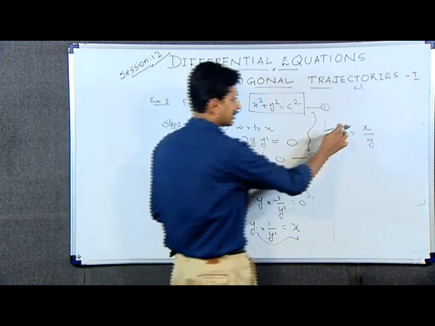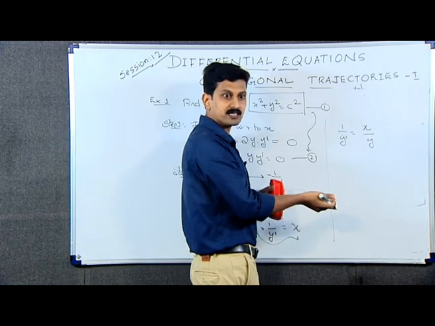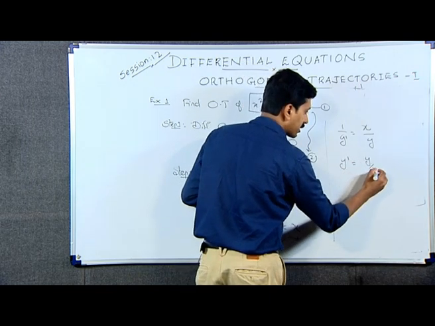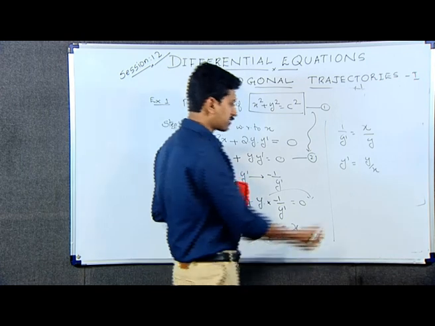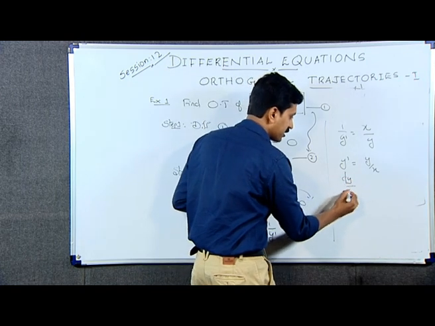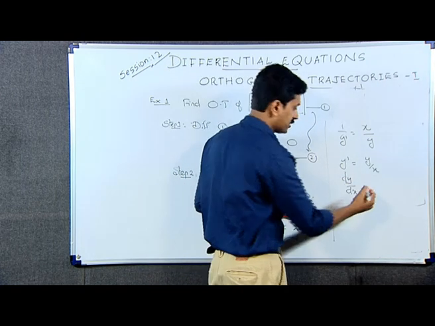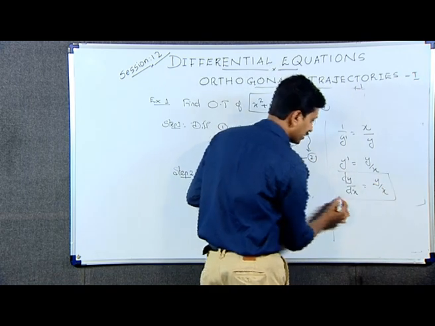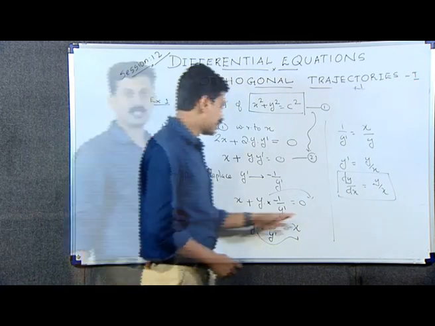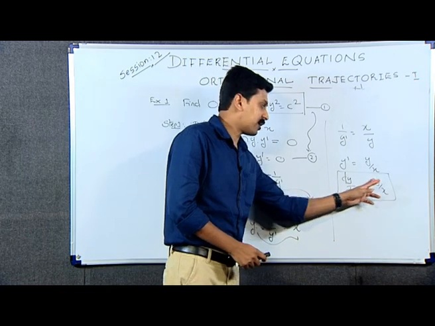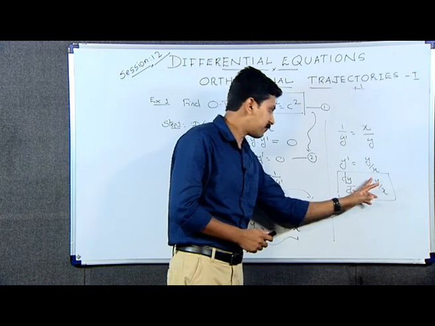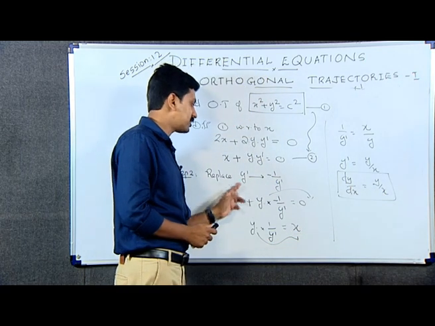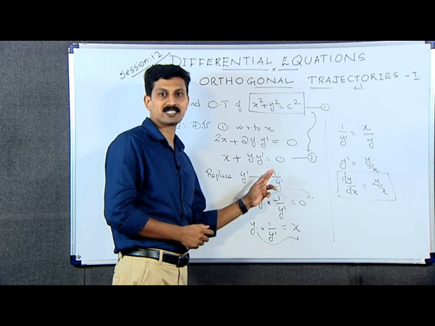Therefore, we can take the reciprocal on both sides. Then y dash is equal to y by x. Y dash means dy by dx, so dy by dx is equal to y by x. This is the differential equation formed by changing y dash to minus 1 by y dash.